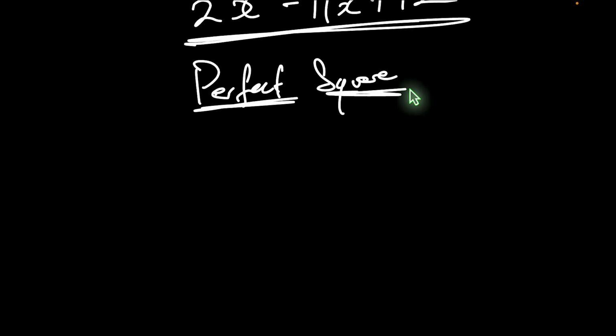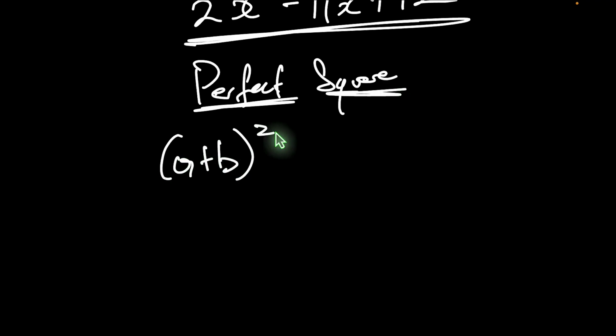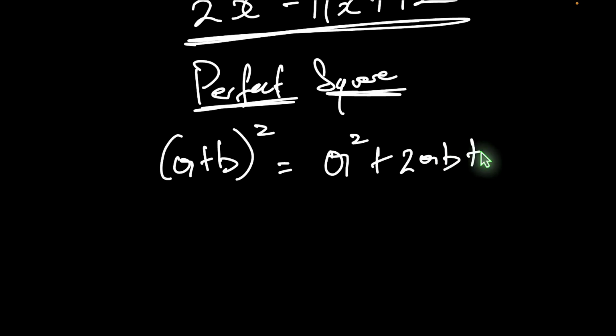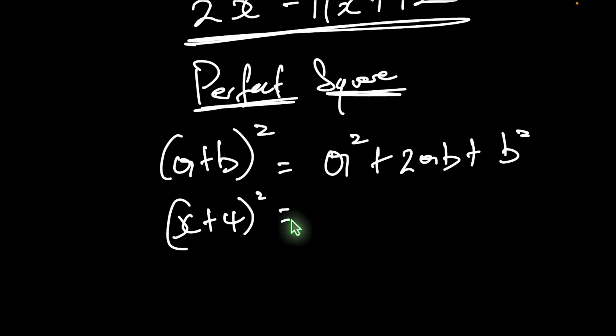Let's say we have a plus b all squared. Then this is just a squared plus 2 times ab plus b squared. So as you can imagine, if this was x plus 4 all squared, then we don't even have to expand this out.